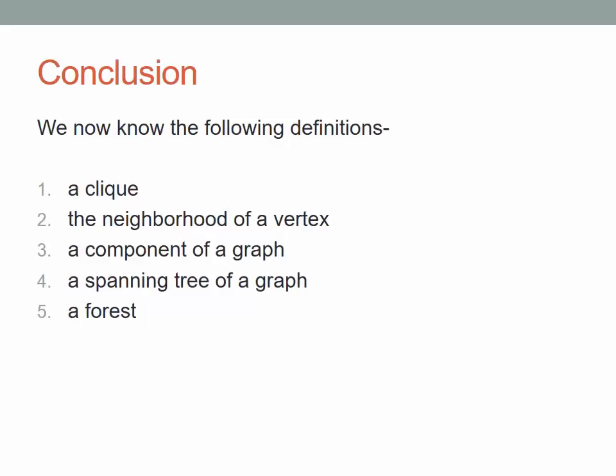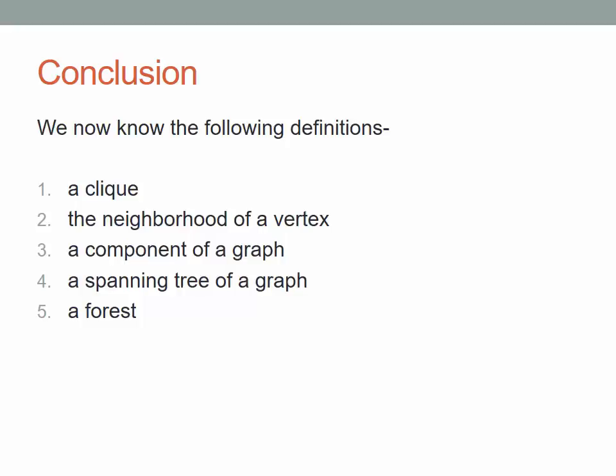So in conclusion, let's review our definitions. A clique is a complete subgraph that's not contained in a larger complete graph. So it's maximal in the sense of completeness. The neighborhood of a vertex is the set of all vertices adjacent to that vertex together with the graph it induces.